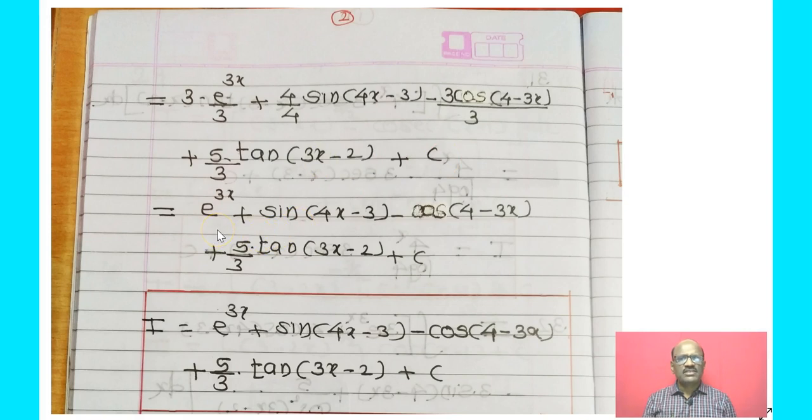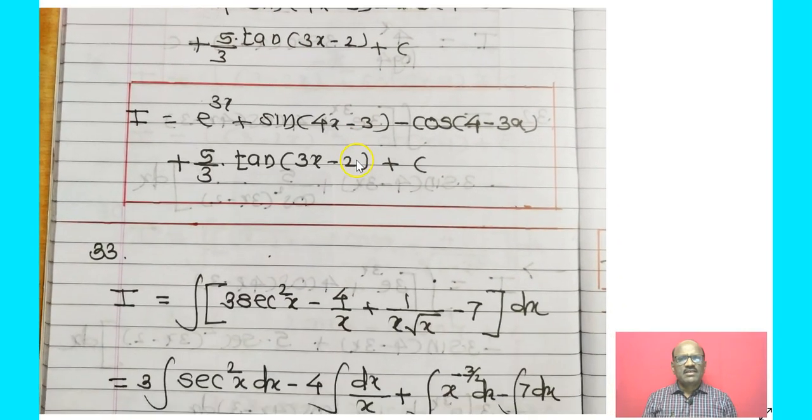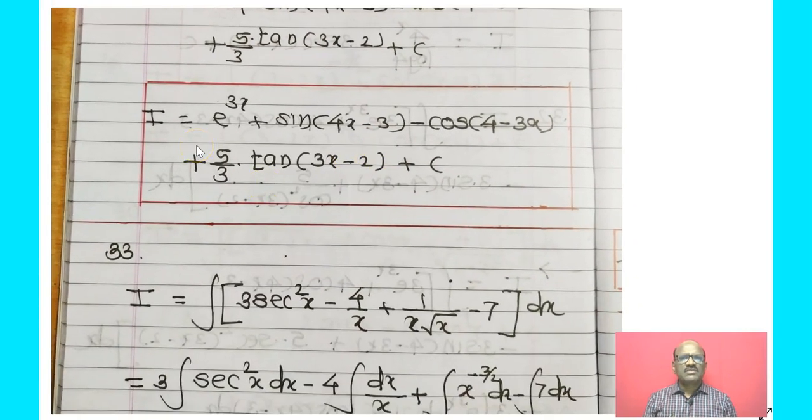Therefore e raised to 3x plus sin of 4x minus 3 minus cos of 4 minus 3x. Now here 3 gets cancelled, plus 5 by 3 tan of 3x minus 2 plus c. Therefore I is equals to e raised to 3x plus sin of 4x minus 3 minus cos of 4 minus 3x plus 5 by 3 tan of 3x minus 2 plus c.